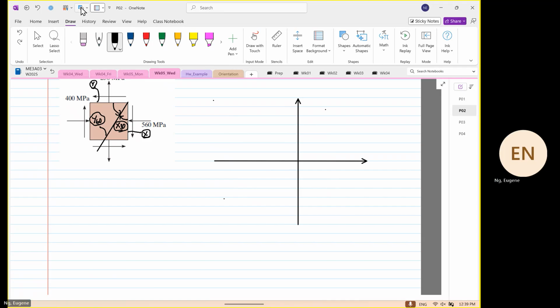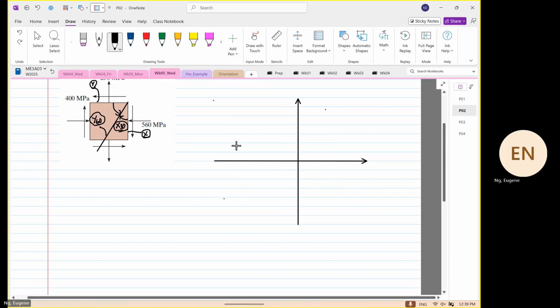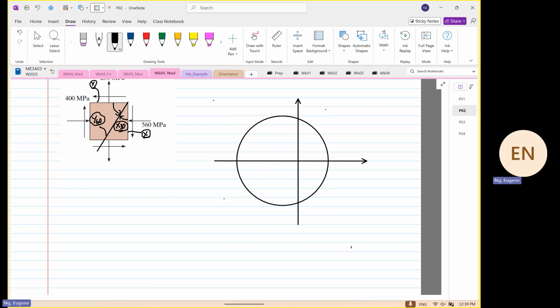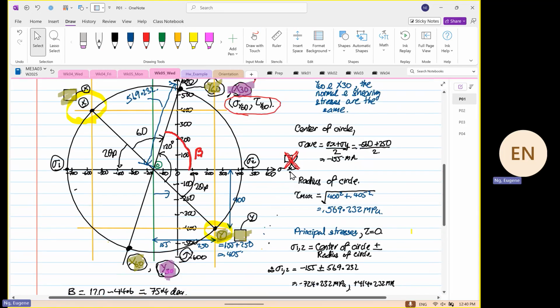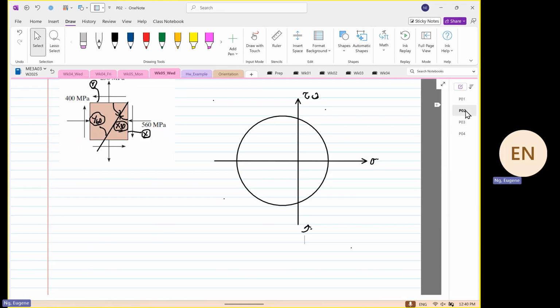Apologies. So this is just a sketch. This is normal stress, shearing stress, element rotated clockwise, rotated anti-clockwise. And from last lecture, we find where our point X and our point Y are. So this is our X.